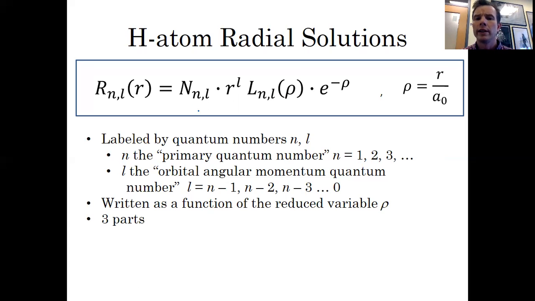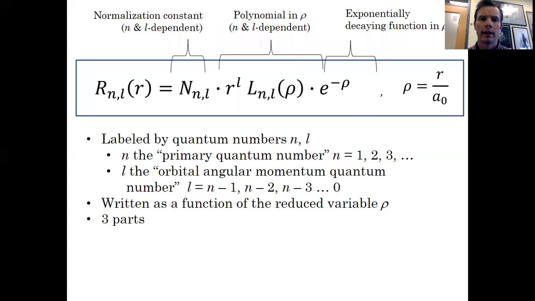The radial solution is written as a function of rho. Right? So rho is a reduced variable, r divided by a naught. We saw this in the harmonic oscillator when we had y equals x divided by alpha. And like the harmonic oscillator, there are also multiple parts to this solution. So let me show you these. The first is a normalization constant. Again, this depends on n and l, so it's adjusting the amplitude of the function.